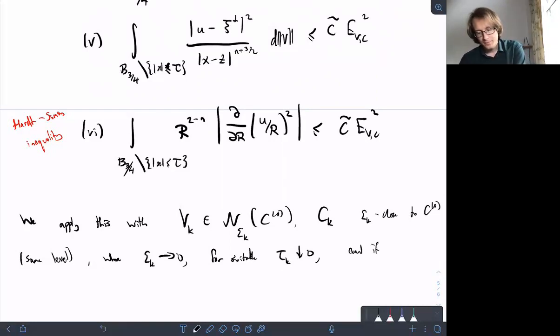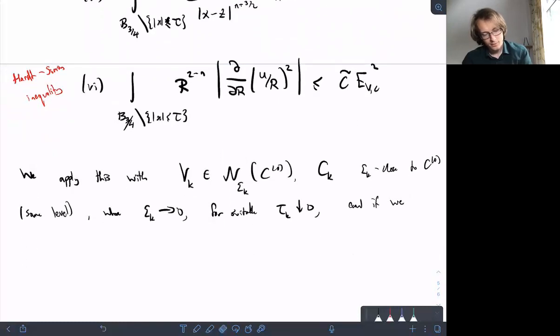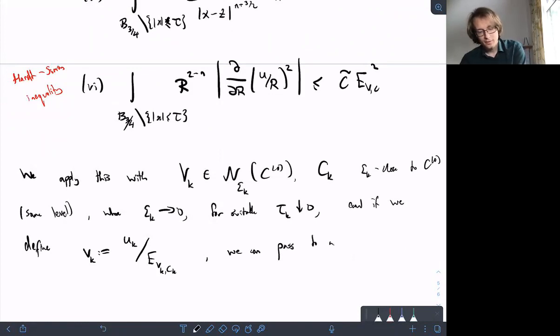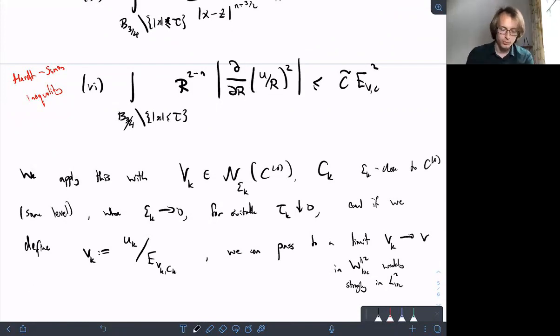And if we define, that's bad handwriting, Vk, so this is a small Vk now, as the graph, those graphs divided by the excess, we can pass to a limit. Vk converges in W^{1,2} locally, weakly, and strongly in L2 loc, and this is locally away from the spine.